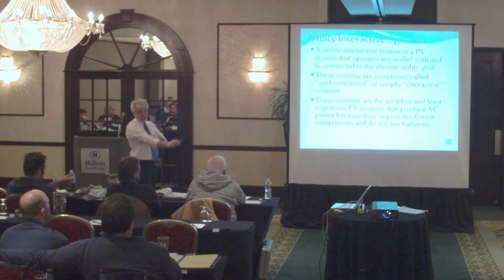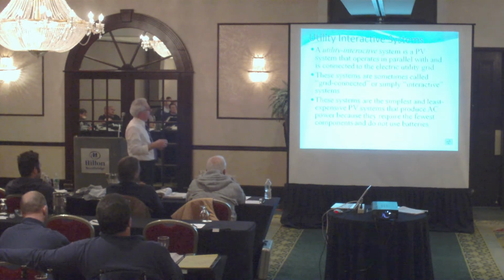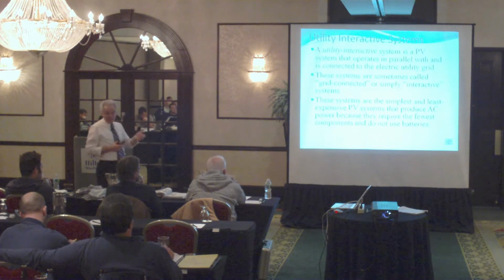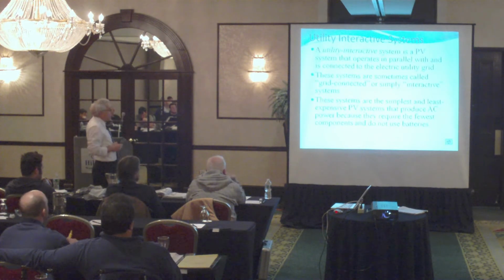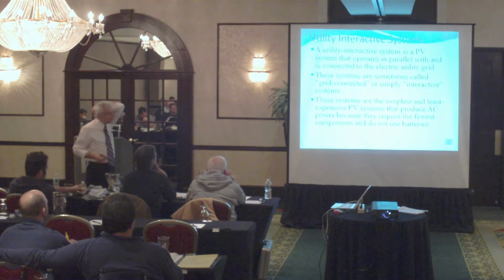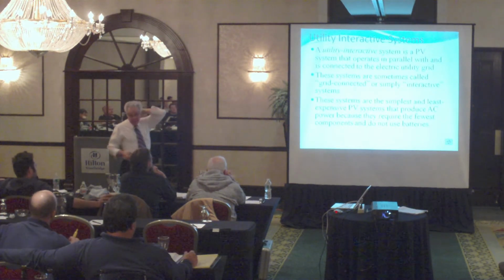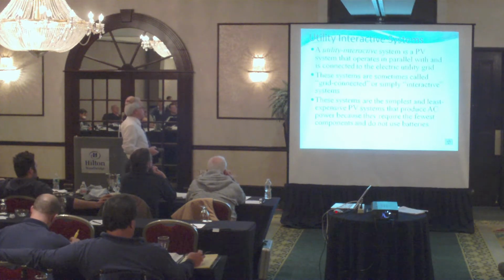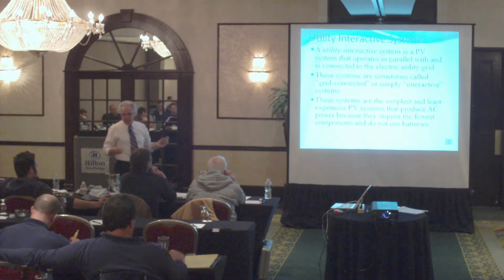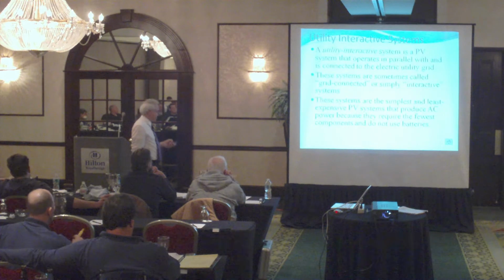Utility interactive, we talked about it. It operates in parallel with the utility grid. Most of the time you call them interactive, or grid-based, or utility-based. They happen to be the least expensive ones, and they require the least amount of components.